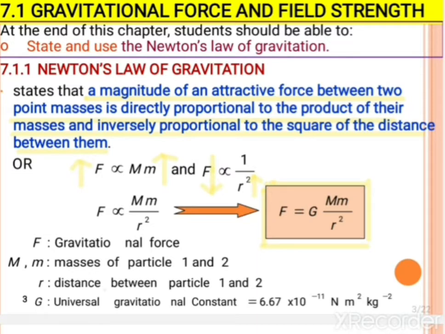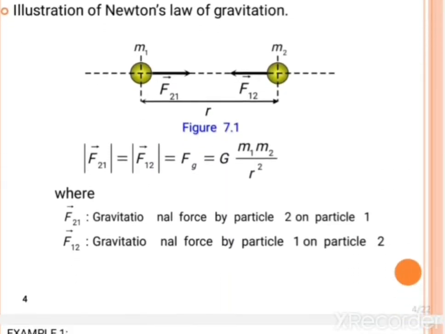F is gravitational force, m m are masses of particle 1 and 2, r is the distance between particle 1 and 2, G is the universal gravitational constant, 6.67 times 10 power of negative 11 Newton meter square per kilogram square. This is an illustration of Newton's law of gravitation.